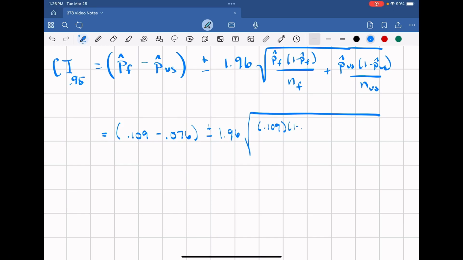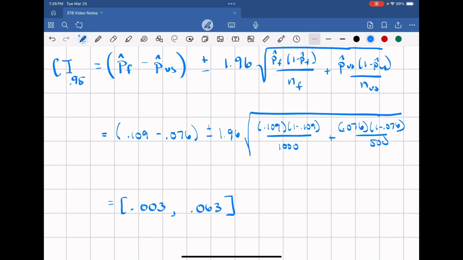0.109, 1 minus 0.109 over 1,000 plus 0.076 times 1 minus 0.076 over 500, and that's for the US. So I'd get out my calculator and calculate this, and I'd find that the difference in the unemployment rate is between 0.003 at the lower end and 0.063.